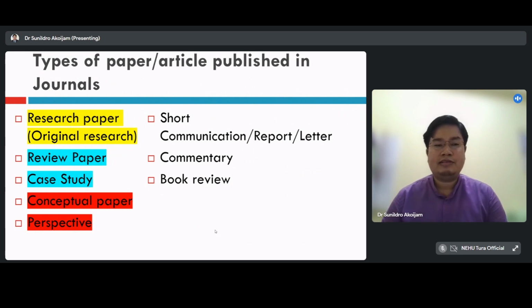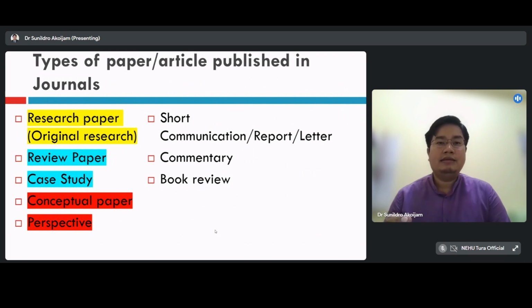On the left-hand side, the first point, you can see the research paper or original research, which is the most commonly written and published paper in journals.